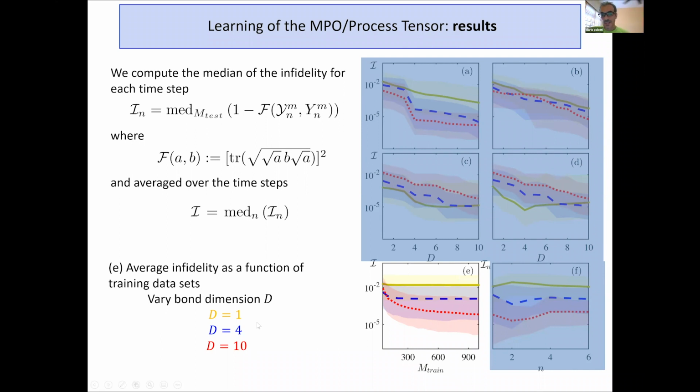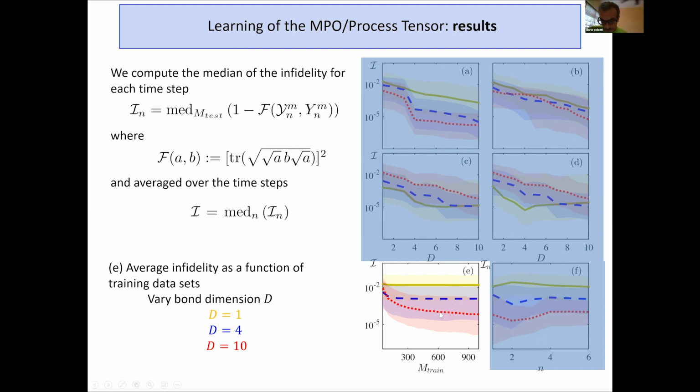If your bond dimension is 1, so you're basically assuming the process is Markovian, your infidelity will still be very high, because we chose parameters of the evolution such that the process is non-Markovian. Even if you train with more and more samples, you will not get any better, because you chose a terrible ansatz. You don't have enough possibility to take care of the correlations and enough memory for this evolution. As you increase the bond dimension, you're able to go lower, but if your bond dimension is not large enough, you eventually hit a plateau in how accurate you can be.